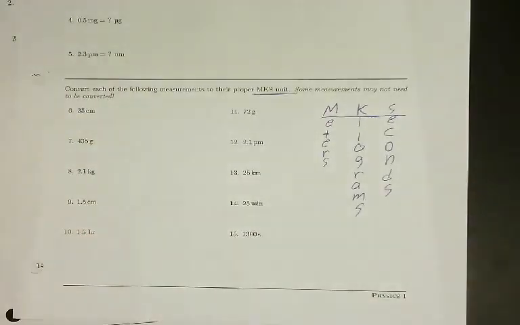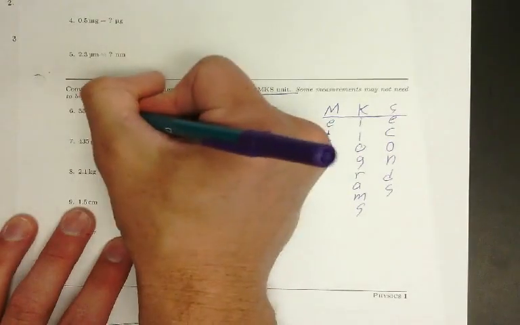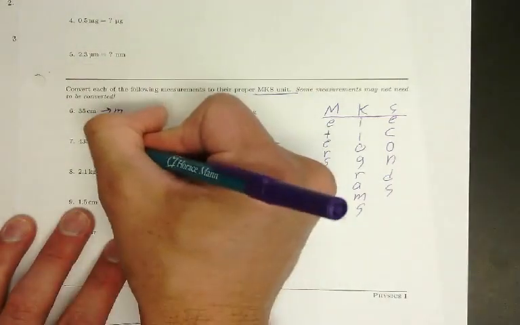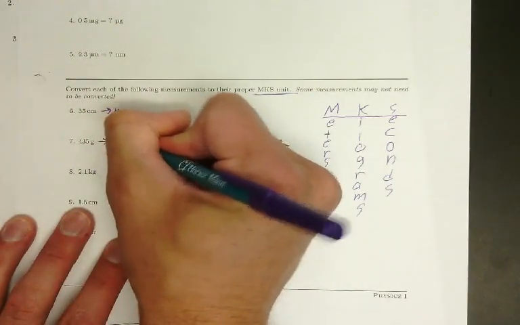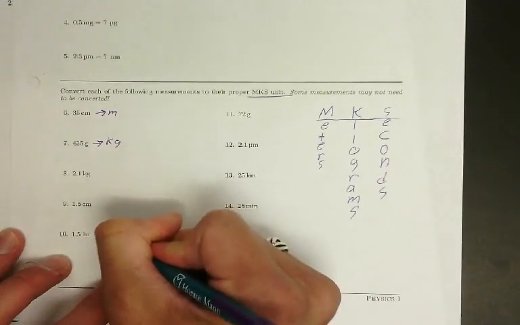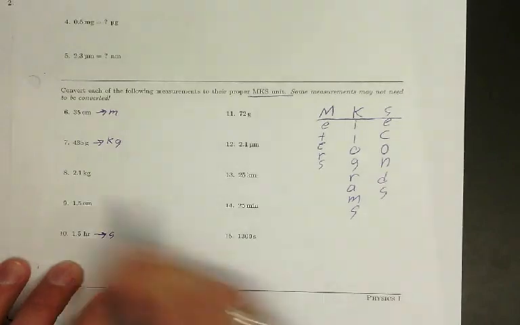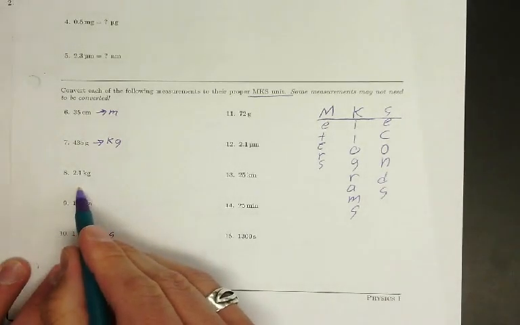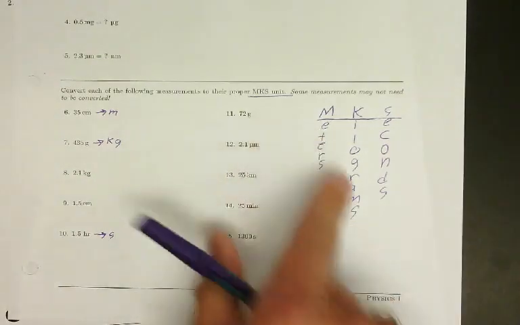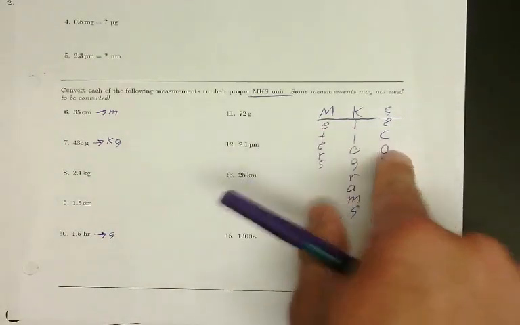What I mean is you need those units. So see how this is centimeters? That means it needs to be in meters. This is grams. It needs to be in kilograms. This is hours. It needs to be in seconds. This is already kilograms, so it stays. All you have to do for MKS is convert. Just be careful about what you're converting to.